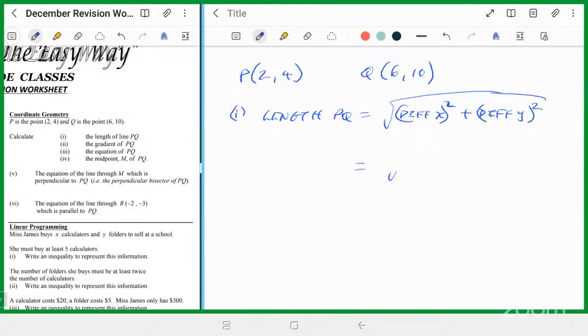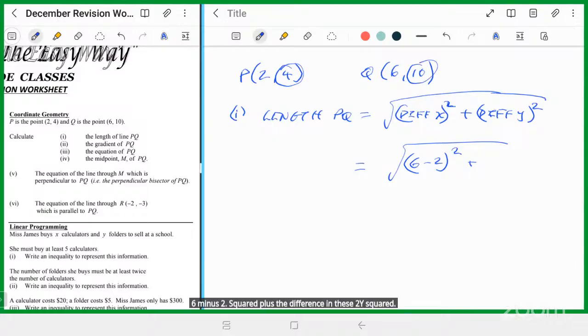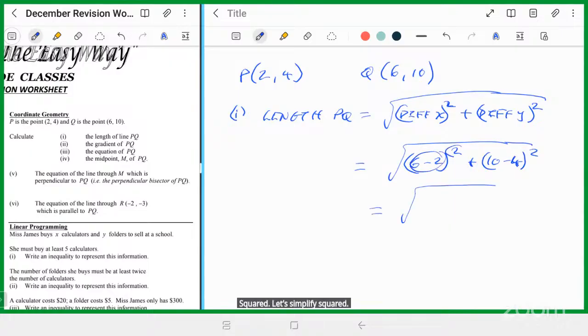So it becomes the square root of (6 minus 2) squared plus (10 minus 4) squared. 6 minus 2 is 4, and 4 squared is 16. 10 minus 4 is 6, and 6 squared is 36. That becomes the square root of 52. I can leave it like that. Units. That's how long the line is: square root of 52 units.